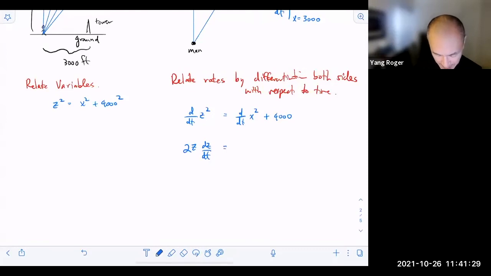So having seen that, what's the derivative of x squared? That would be 2x times dx dt. That's right. And what's the derivative of 4,000?